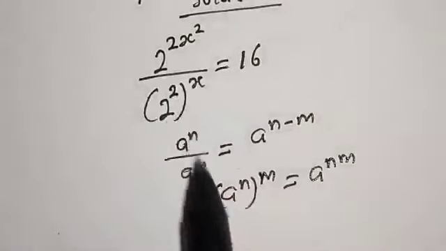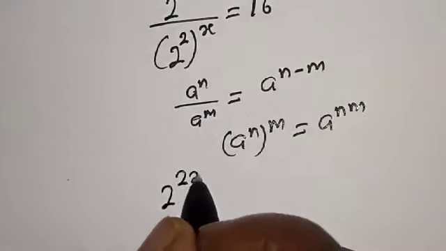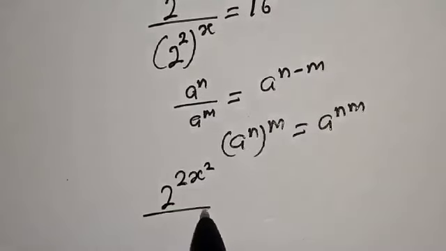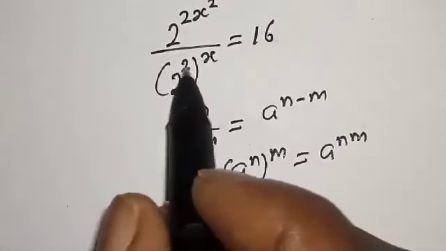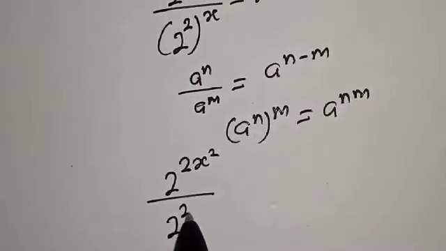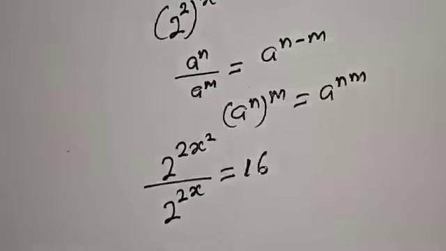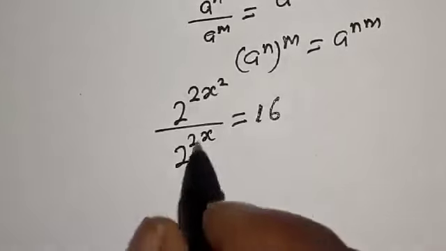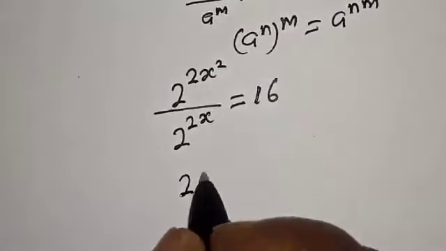Then this equation becomes 2 raised to power 2s squared divided by 2 raised to power 2 times s, that is 2s, is equal to 16.